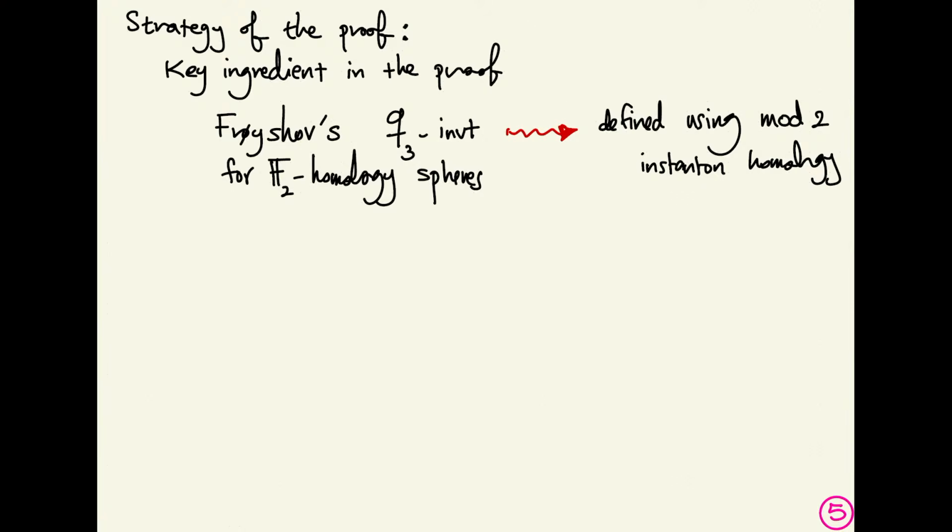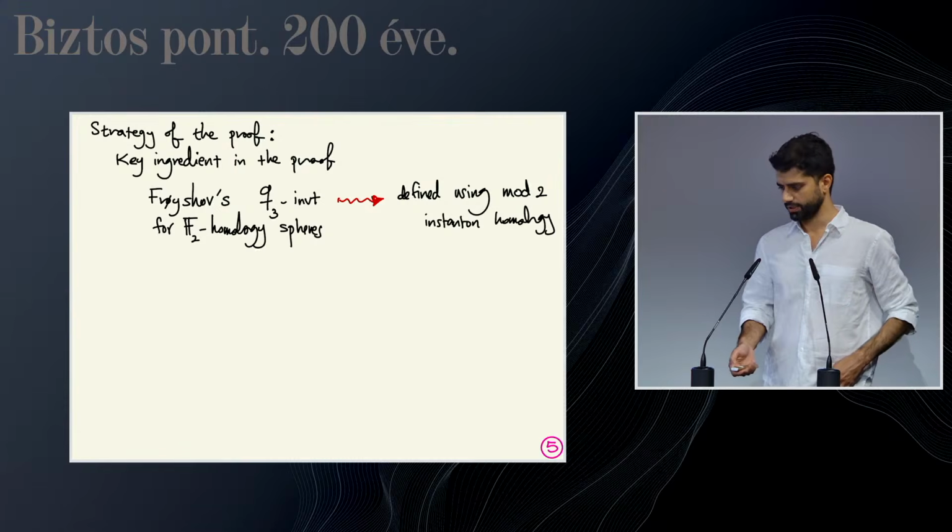For the results here, it's important to work with instanton homology with Z mod 2 coefficients. It's not out of laziness that we don't work with orientations. It looks like instanton homology with Z mod 2 coefficients behaves very differently from instanton homology with rational coefficients.